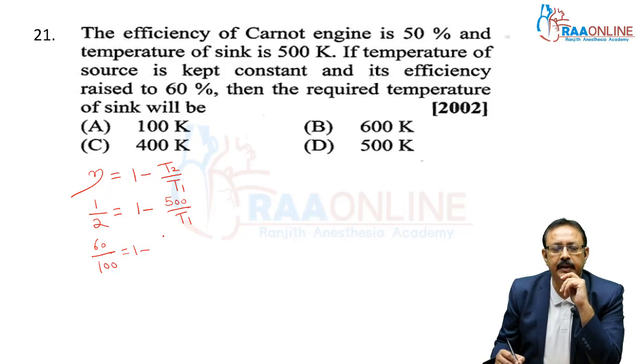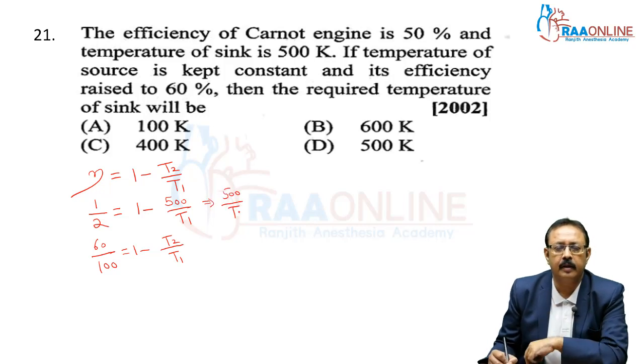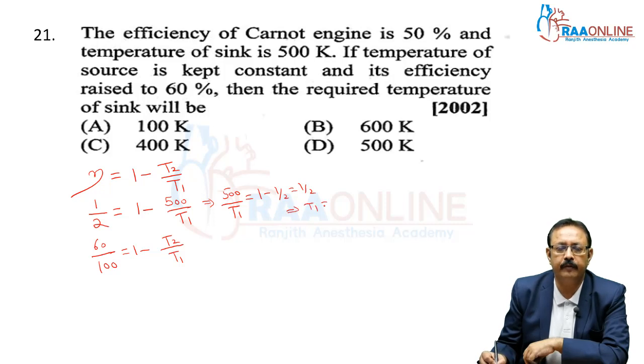We want the source at the same temperature but changed T2. So we calculate T1 from this equation: 500 by T1 is equal to 1 minus 1 by 2, which is 1 by 2. So T1 should be 500 into 2, 1000 Kelvin.